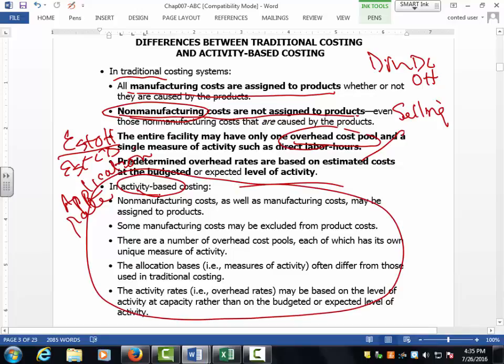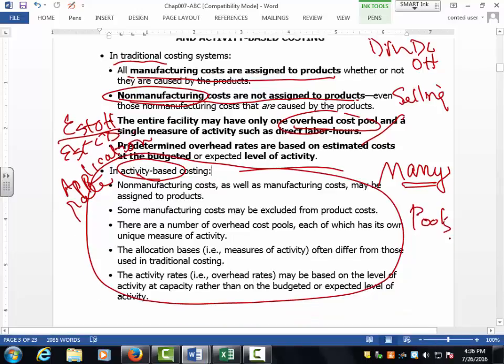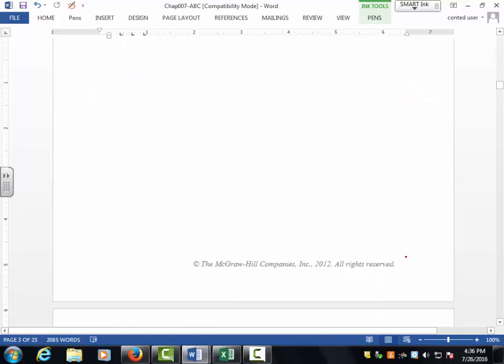Activity-based costing says, instead of applying that overhead based on one pool, one cost driver, let's have as many cost drivers as you want. So we'll have many multiple drivers, and what we will do is rearrange all of our overhead costs into pools. So let's get to some numbers and see if this will make sense.